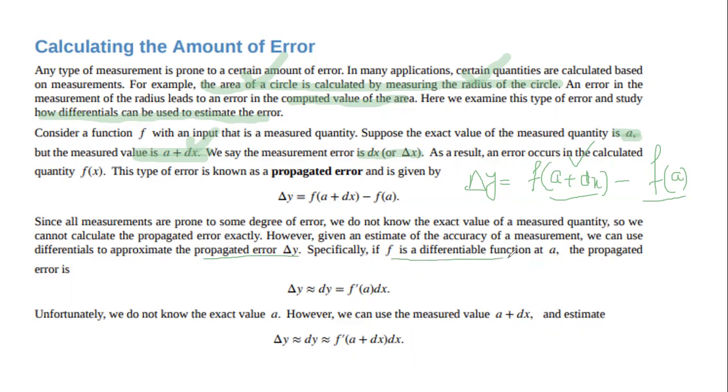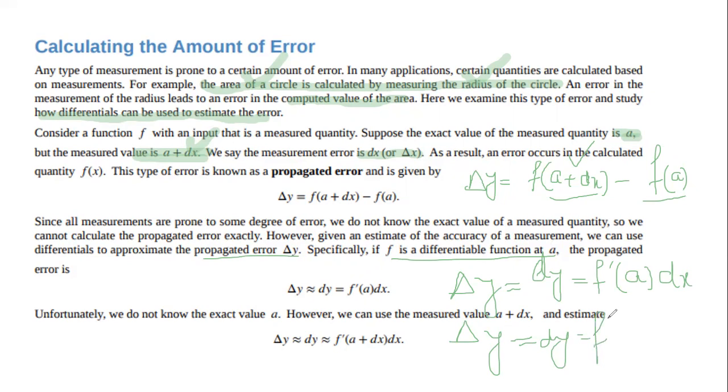Specifically, if f is differentiable at a, then delta y is approximately dy, which will be equal to the derivative f prime of a plus dx, taking the measured value, times the value of dx.